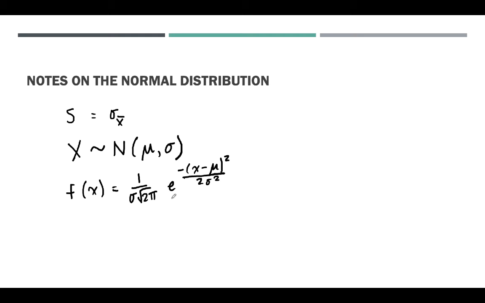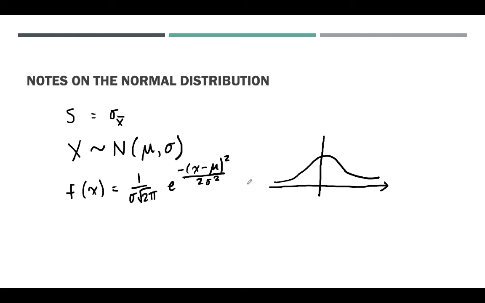There it is, the monster. That is the PDF, the function that gives you that nice smooth curved graph. So that's what the graph of this f looks like.